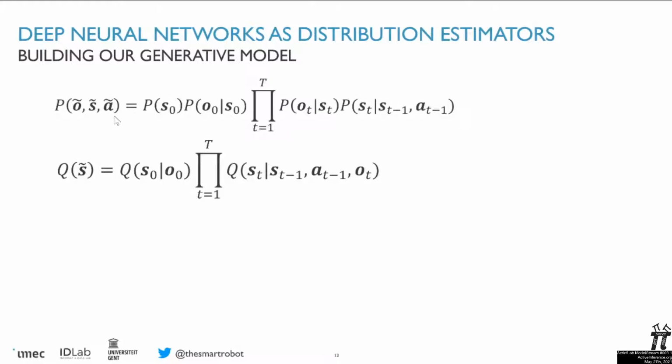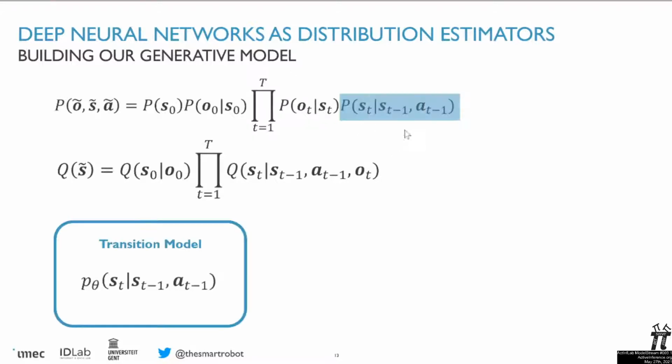One is the generative model that I rehearsed from the first slide, and we have our approximate posterior model. You can see that there are three parts in these equations. The first part is the transition model. It outputs the probability of your state given your previous state and the action you did in that state.